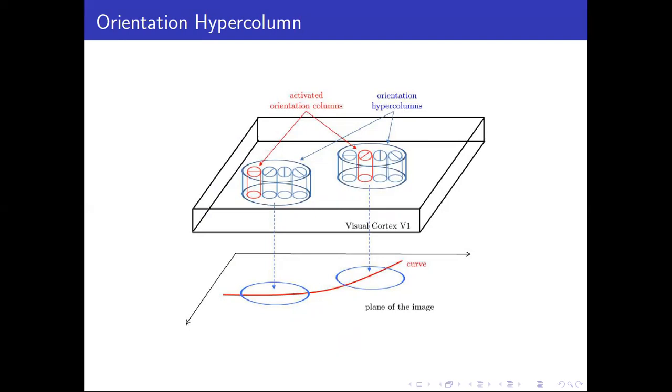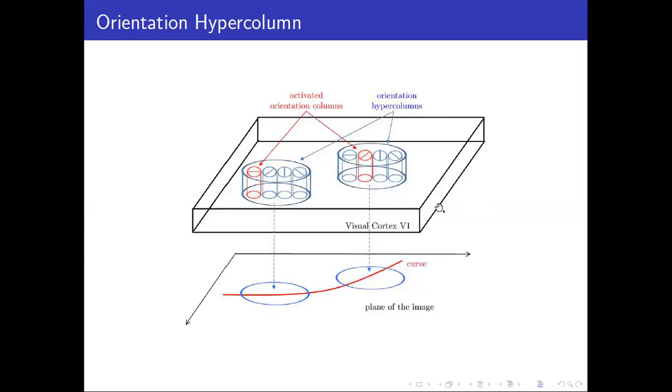A hypercolumn is like a section of this visual cortex, and in a hypercolumn there are all the directions. When I look at an image, you have to think of every hypercolumn morally as a pixel, a little area around the pixel, and the hypercolumn will light up the direction that I see.